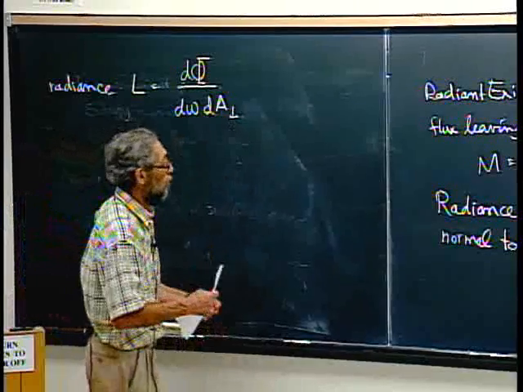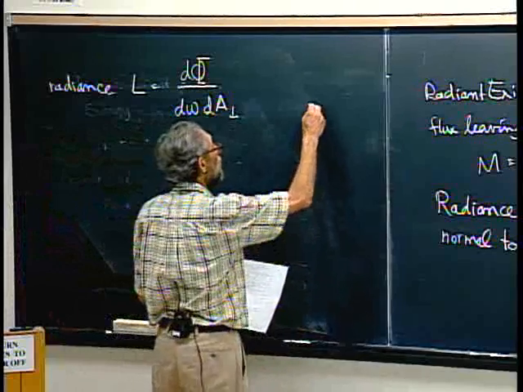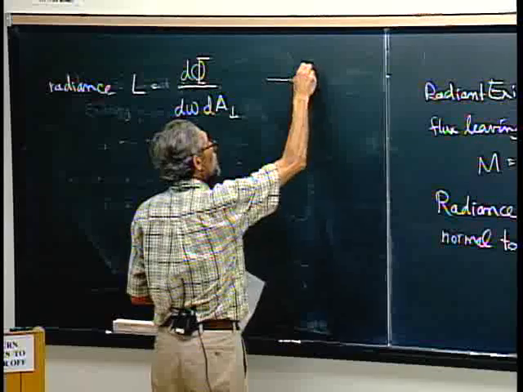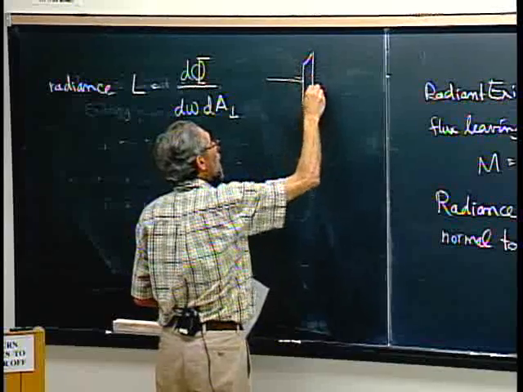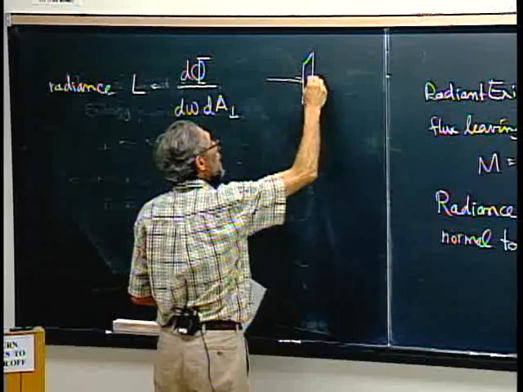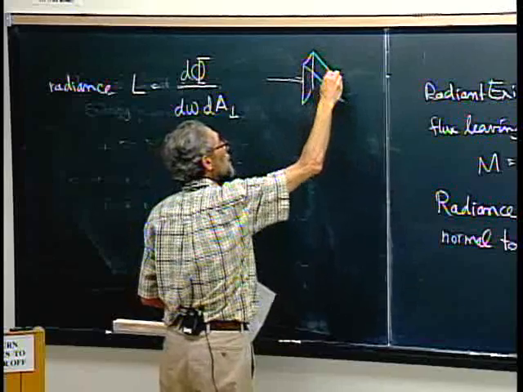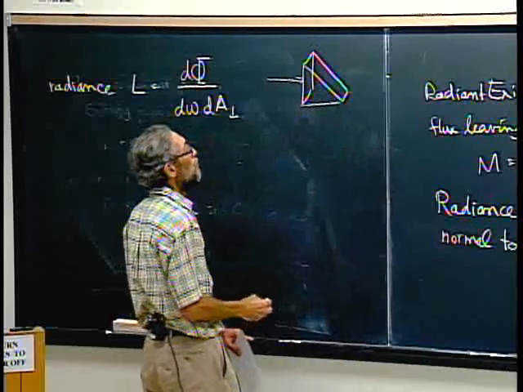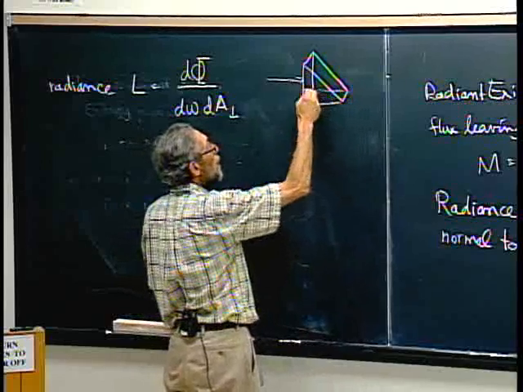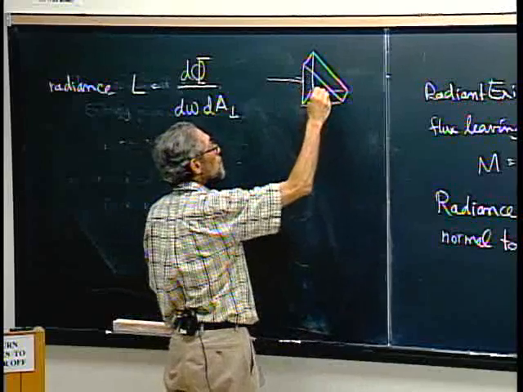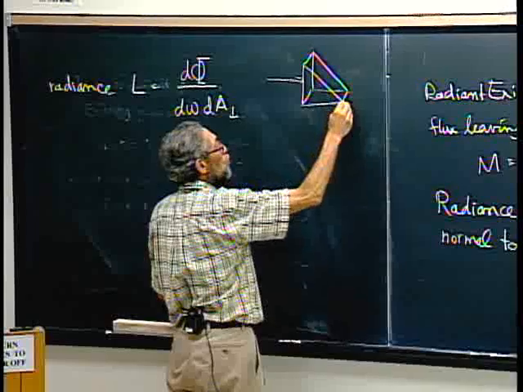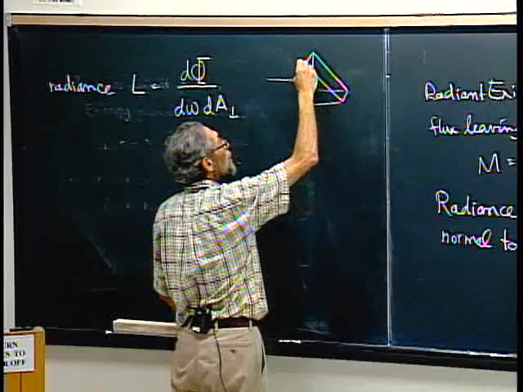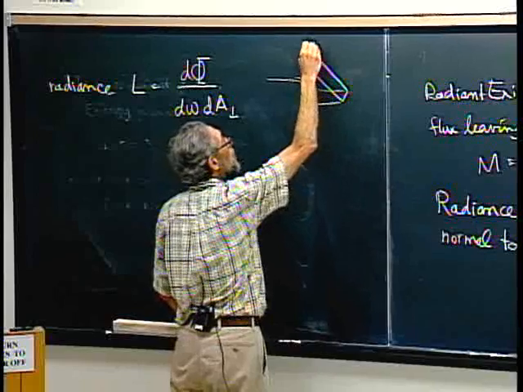And if I draw that picture I drew on the other board again so I can reach it here, here's the beam going this way, and here is an area that isn't perpendicular to the beam. What I have to do is find out the equivalent area that is perpendicular to the beam. So again, I need the normal to that area, pointing out like that.